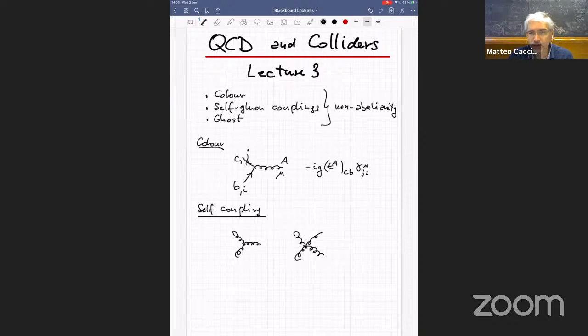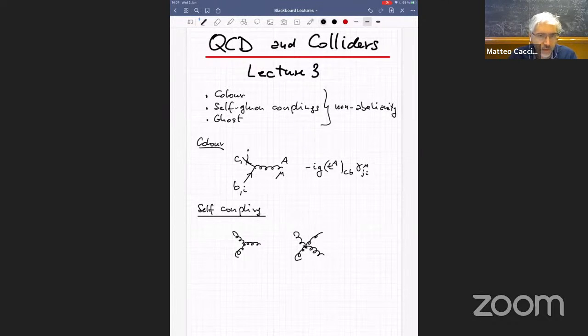Another way of saying this is that the gluons transport color charge, whereas the photon does not transport electric charge, and therefore the photon does not interact with itself. So when you write down the various processes, of course, these kind of interactions will enter in your calculations.